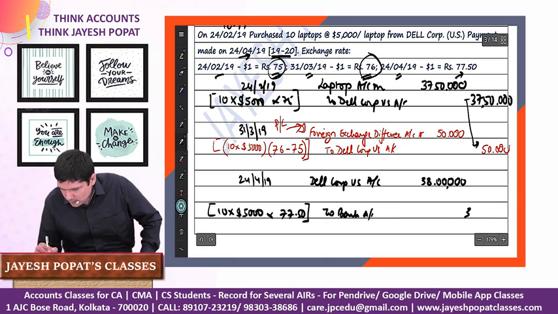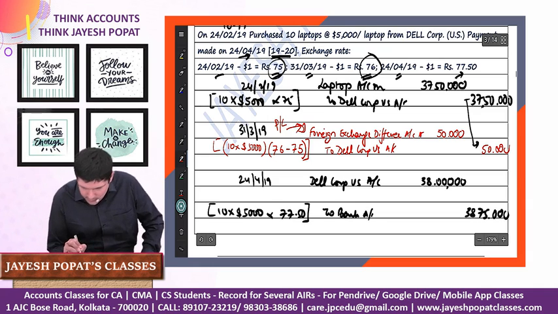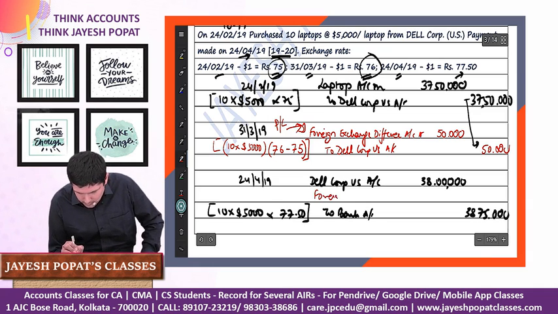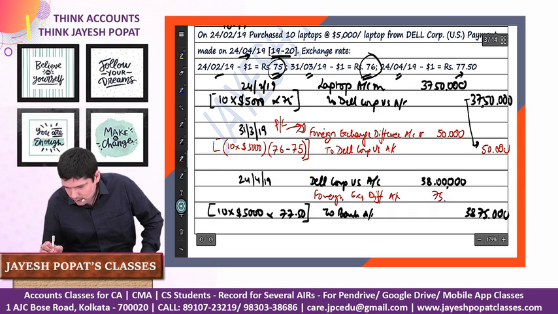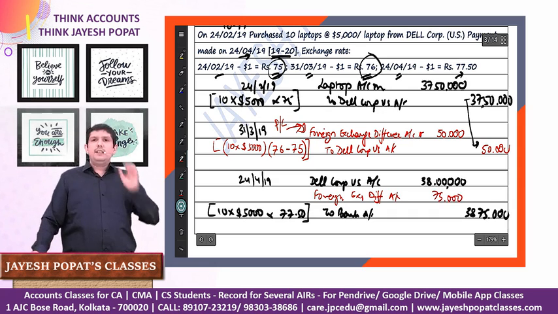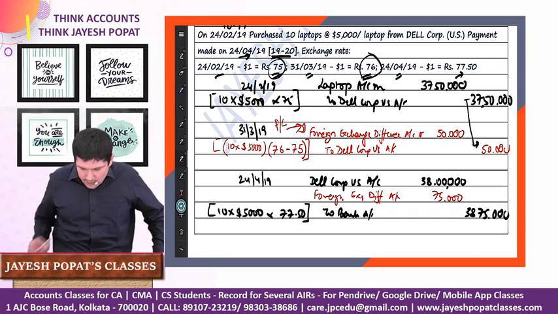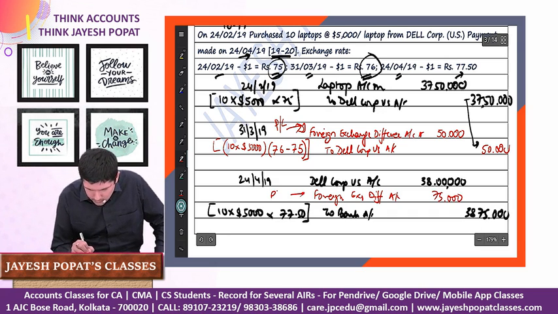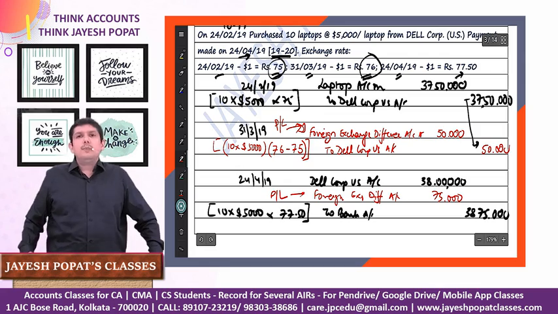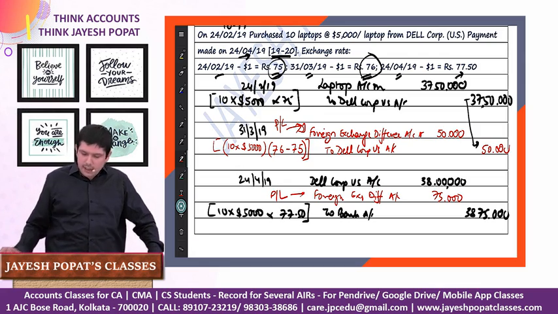So we'll say 38,75,000 and the difference will be foreign exchange difference account. This 75,000 will be debited to the foreign exchange difference, right? And this will be closed by transfer to profit and loss account. So this is how normally we do accounting for our foreign currency transactions.